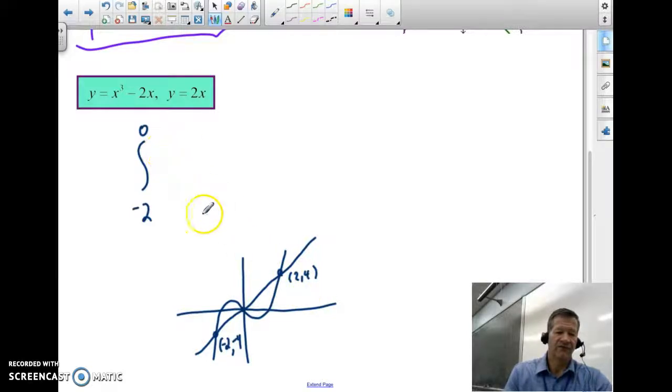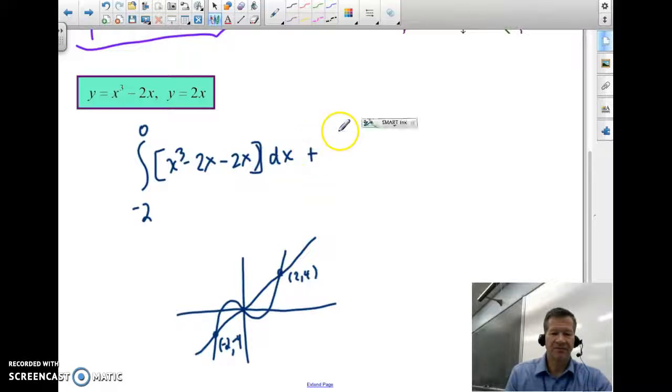Okay, so from -2 to 0, I have to take the cubic, which is x cubed minus 2x, minus the line, which is also 2x, with respect to x, plus the second enclosed area from 0 to 2.